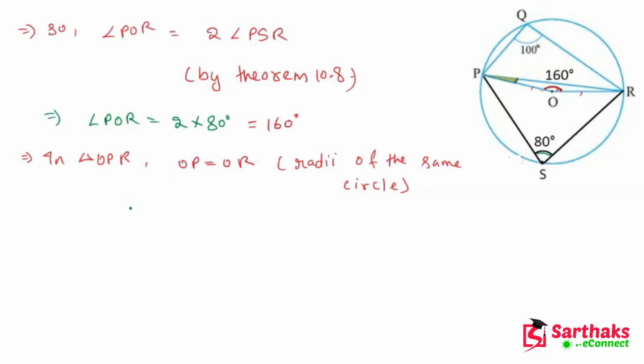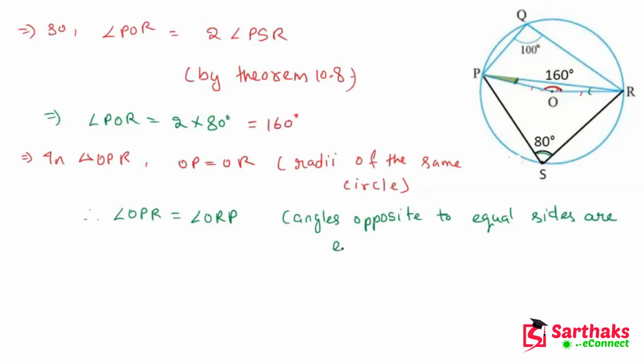So from this we can write, since OP equals OR, angle OPR is equal to angle ORP, because angles opposite to equal sides are equal.